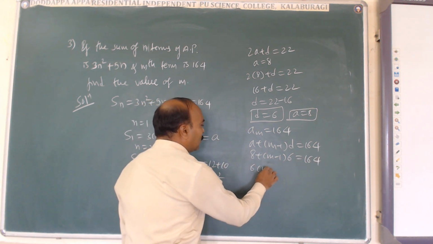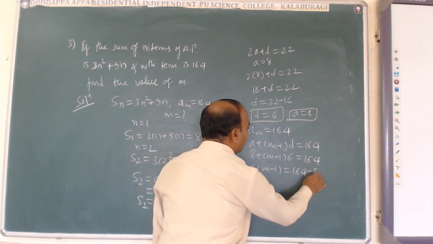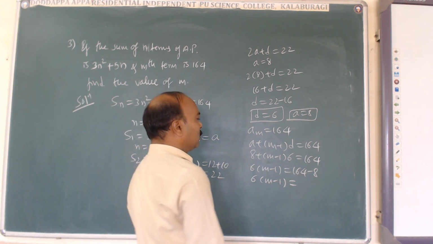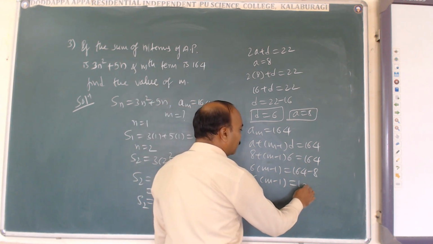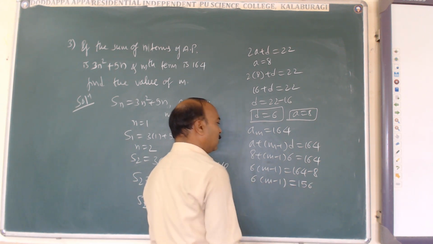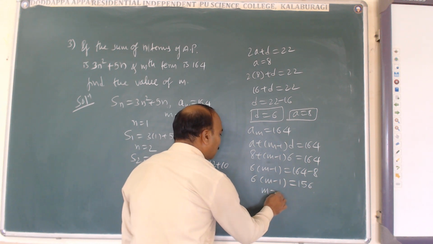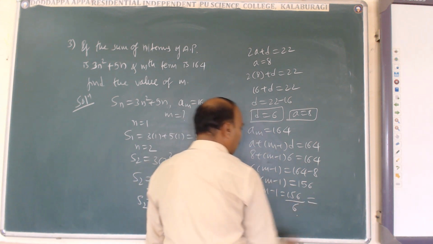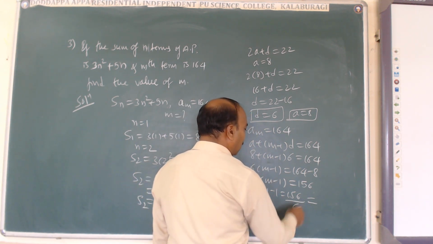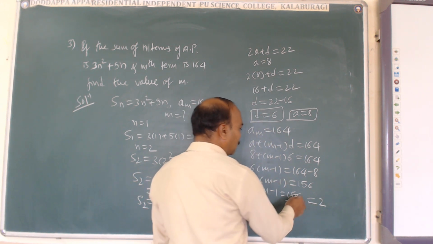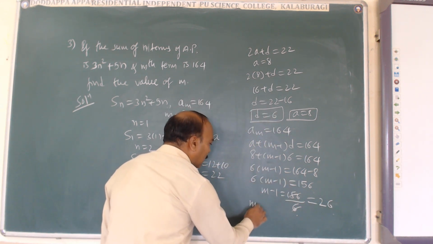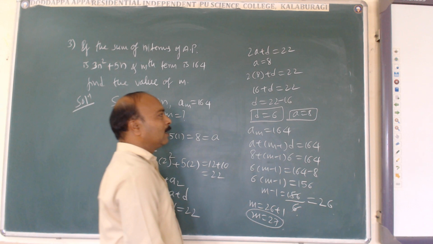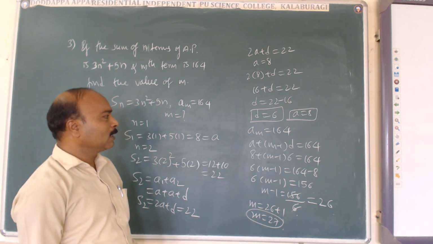So 6 into m minus 1 equal to 164 minus 8. 6 into m minus 1 equal to 156. Now m minus 1 equal to 156 by 6. So 6 2 is 12, 6 6 is 36, therefore m minus 1 equals 26, so m equal to 26 plus 1, m equal to 27. Therefore the value of m is 27 for this one.